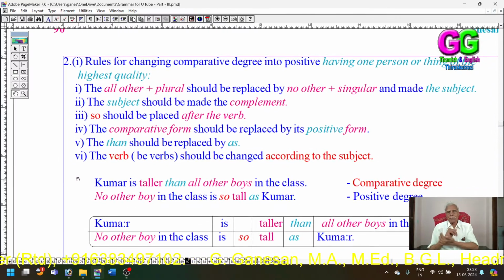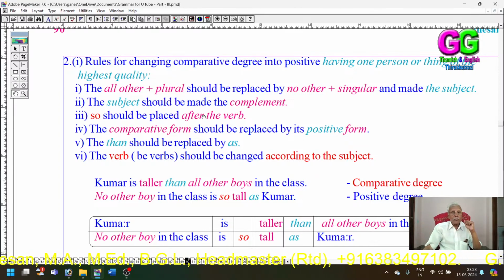Now let us see the rules for changing comparative degree into positive degree, that is, among three or more persons or things, of which only one has the highest quality.